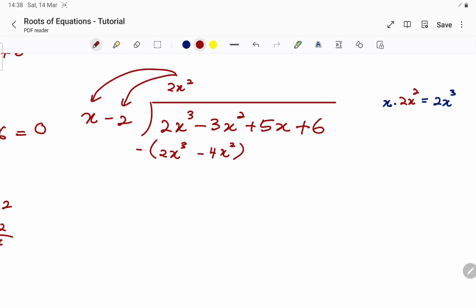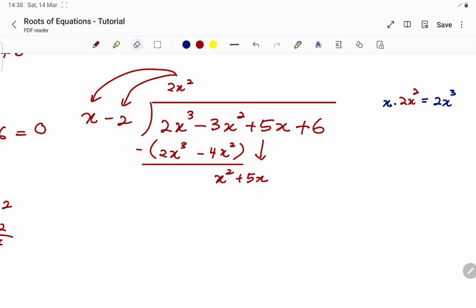You put bracket, put minus here. Then 2x cubed minus 2x cubed equals 0. Then negative 3 minus negative 4 gives x squared. Then you bring down 5x.